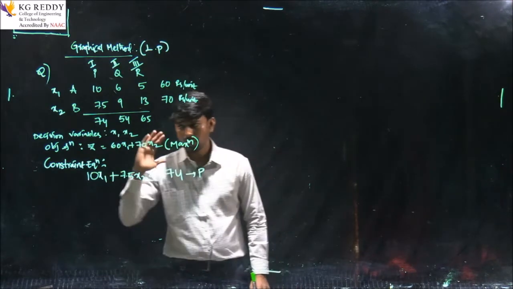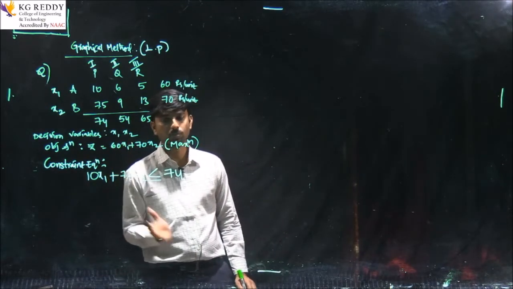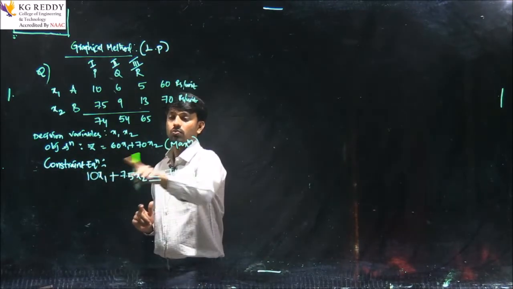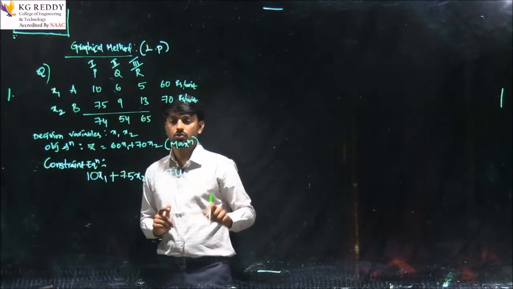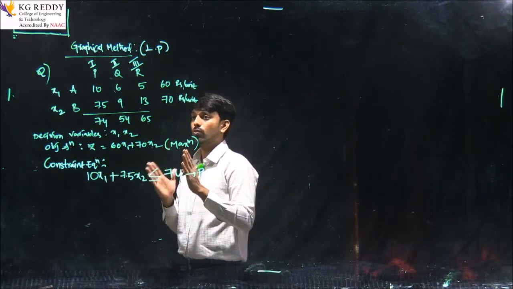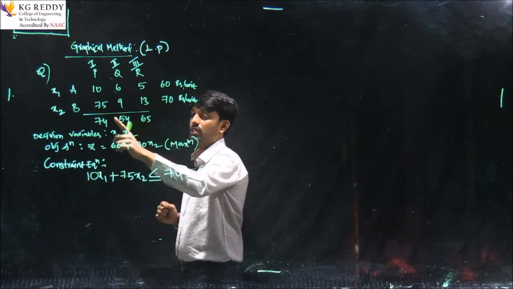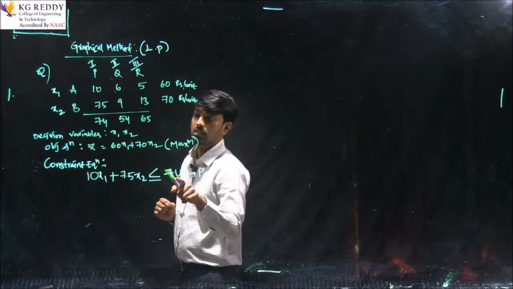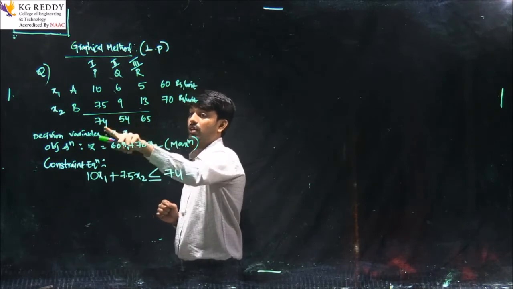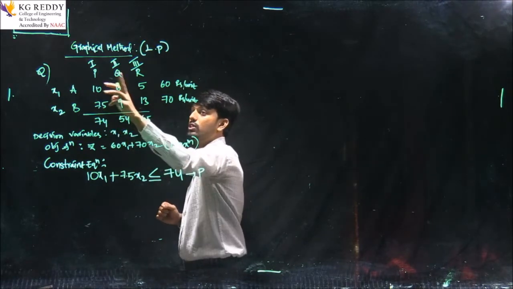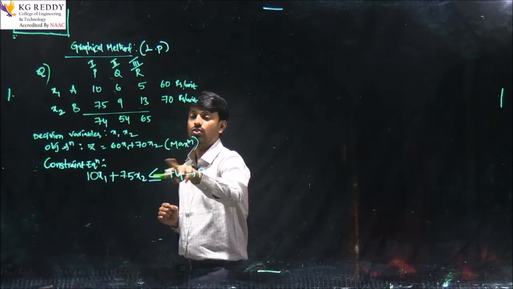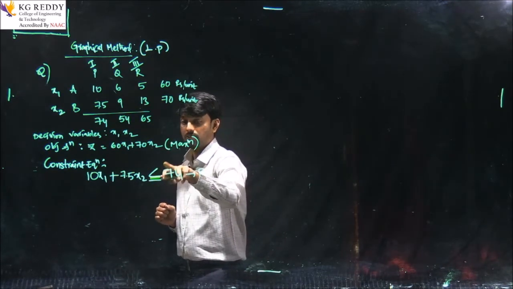I will repeat it again because it is very important to write these equations. When you write the constraint equations, first you need to identify the constraint, the limitation here. 74 is the limitation. We have 3 limitations, so we get 3 equations, one constraint equation for each machine. So 74 hours is the maximum limitation.